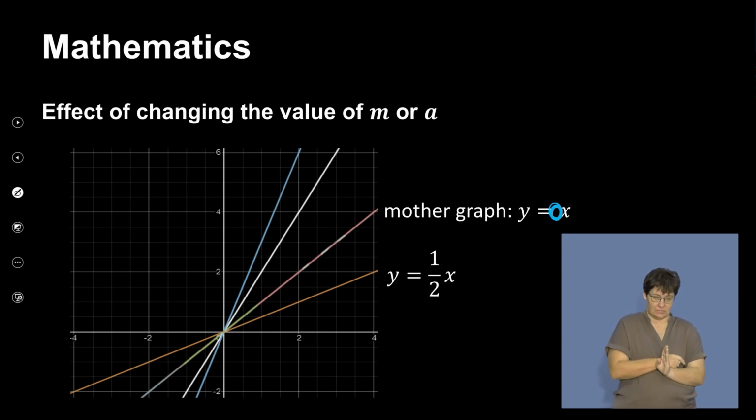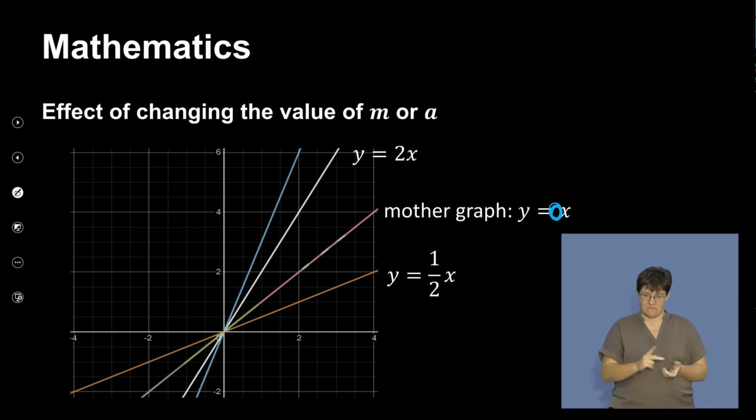If I make it a half, this becomes less steep, right? Because we did say the bigger the value, the steeper the line is. But now this is a small value from 1, because if there is no value in front of the x, it means that is 1. Half of 1 is half itself. So that's why it is a bit shallow.